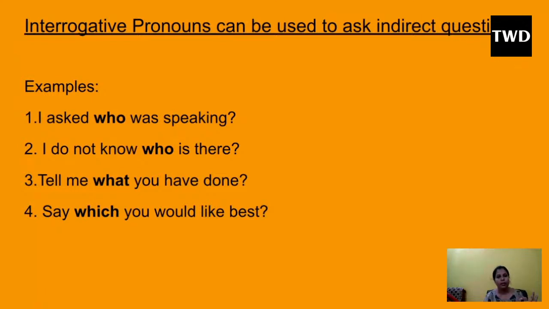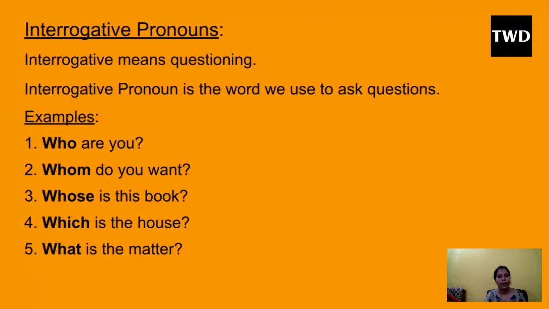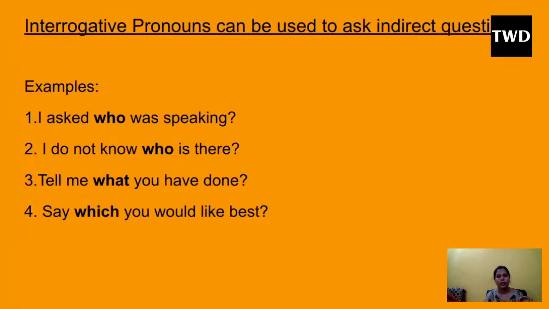Again, the same thing: if you are using an interrogative pronoun in the middle of the sentence, the middle of the question, your question becomes indirect. If you are using it in front of the question, at the beginning of the question, your question is direct. But if you are using it in the middle of the question, it becomes indirect. For example, I asked, who was speaking?